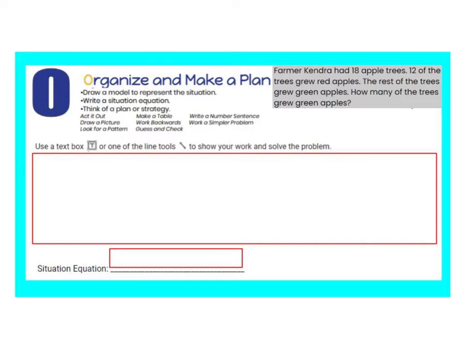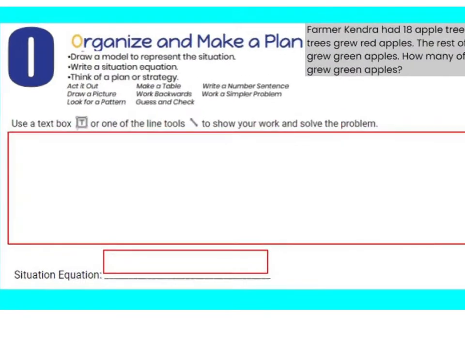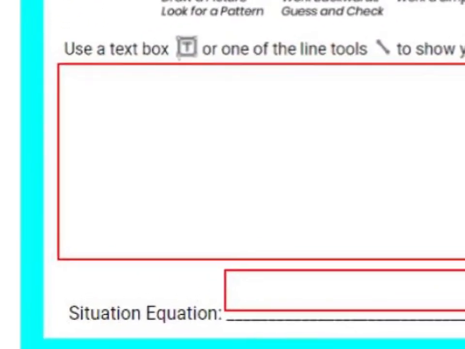Okay, so we're going to draw a strip diagram here.